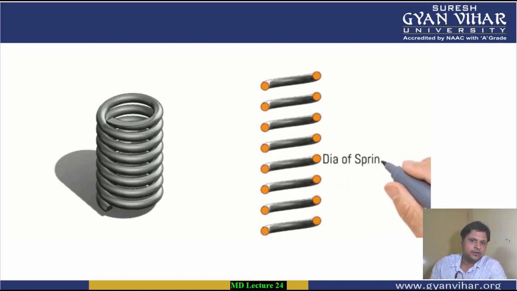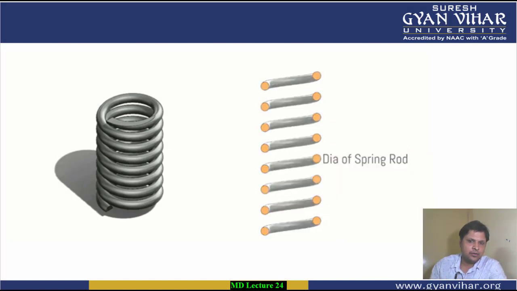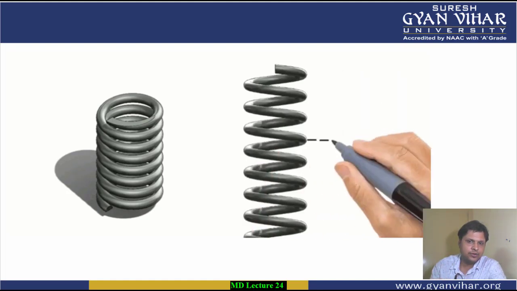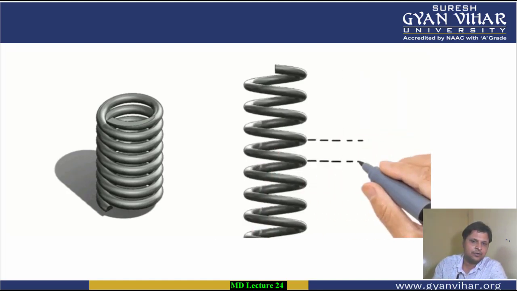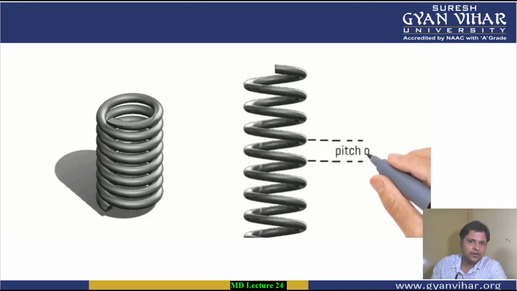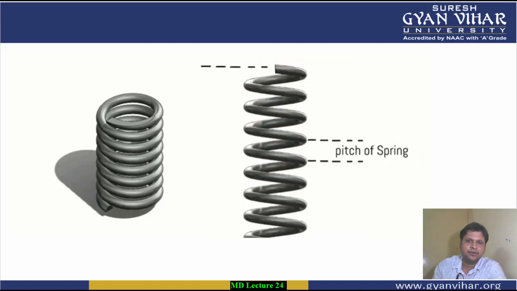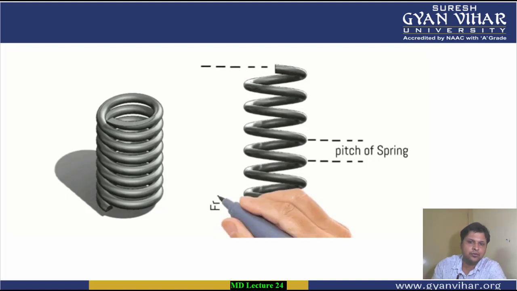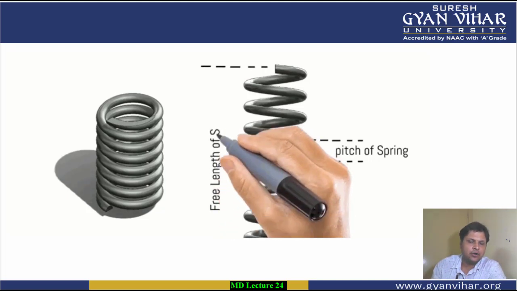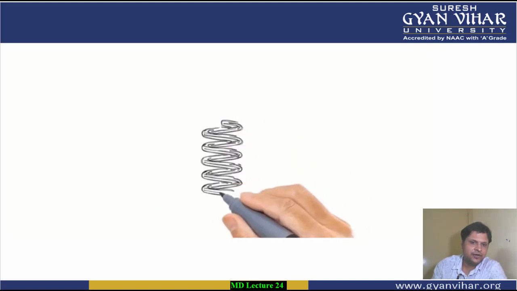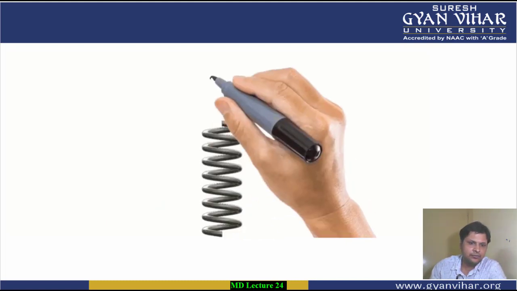And the spring is made of certain coils, so that particular diameter is known as the diameter of the coil. One is the diameter of the spring, second is the diameter of the coil, third is the pitch of the spring. The distance between two corresponding points is known as the pitch of the spring. Then after, the free length of a spring, as I have shown you.